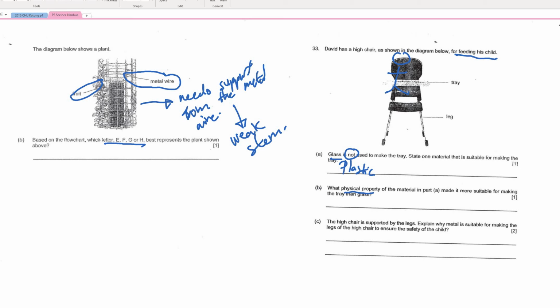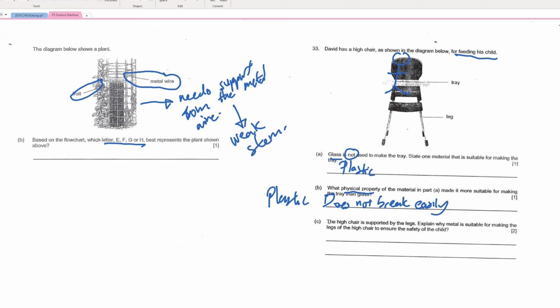Okay, so as I mentioned earlier, plastic does not break easily. Plastic does not break easily.